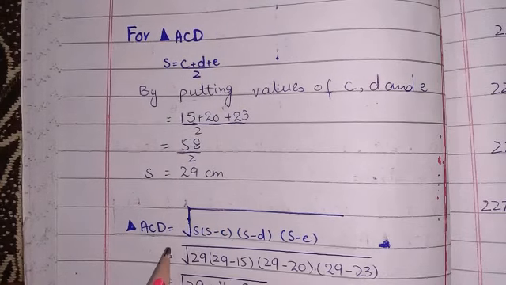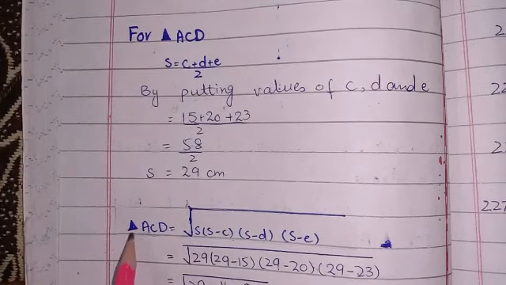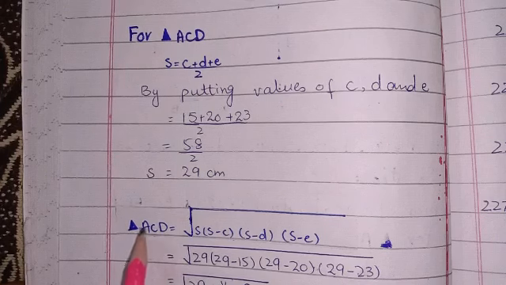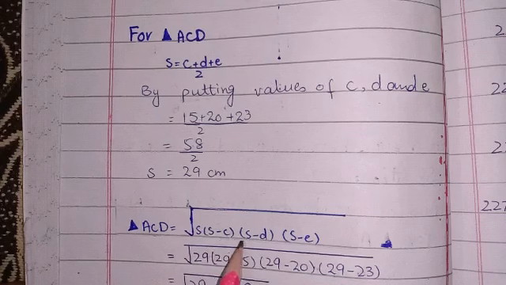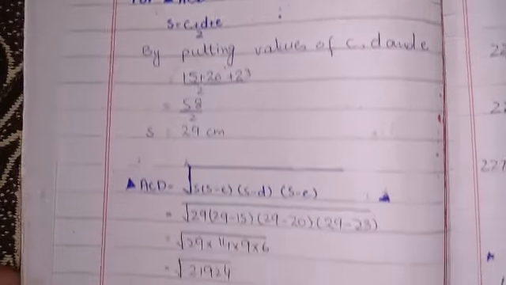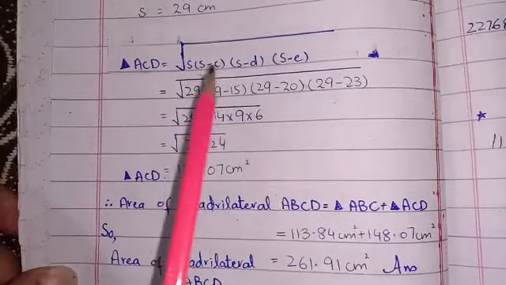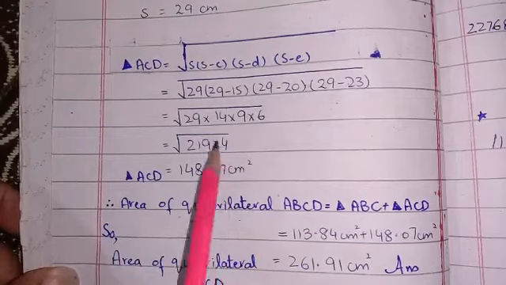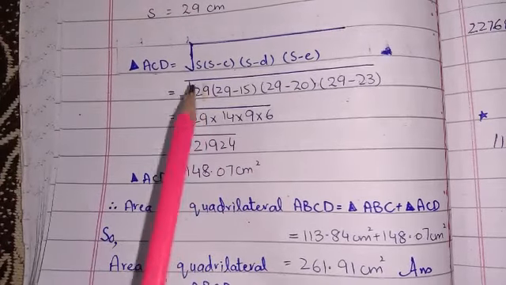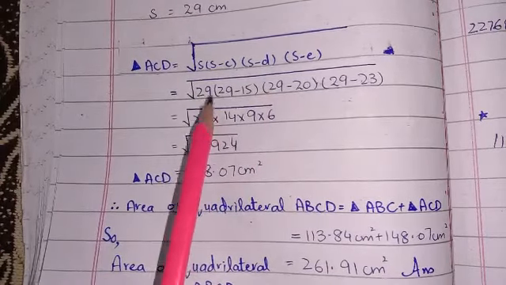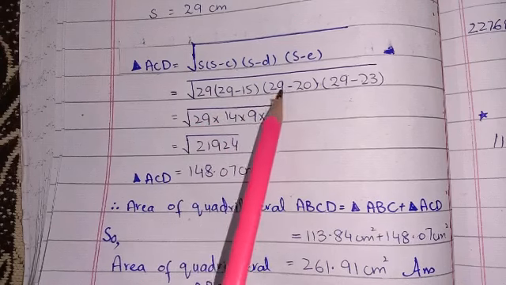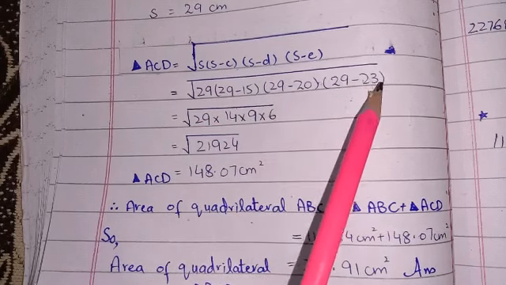Now students, we will use our Heron's formula for the area of triangle ACD, which is equal to square root of S into S minus C into S minus D into S minus E. Now we will write all the numbers within the square root: 29 into 29 minus 15 into 29 minus 20 into 29 minus 23.